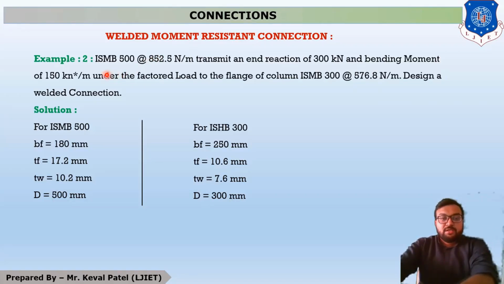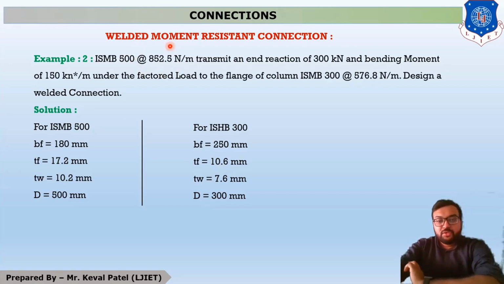Okay, so our second example is for ISMB 500 at 852.5 Newton per meter. Students, there is one mistake in your Atul Prakashan book: in the book it is 825.5, but there is no section with 825.5 load.